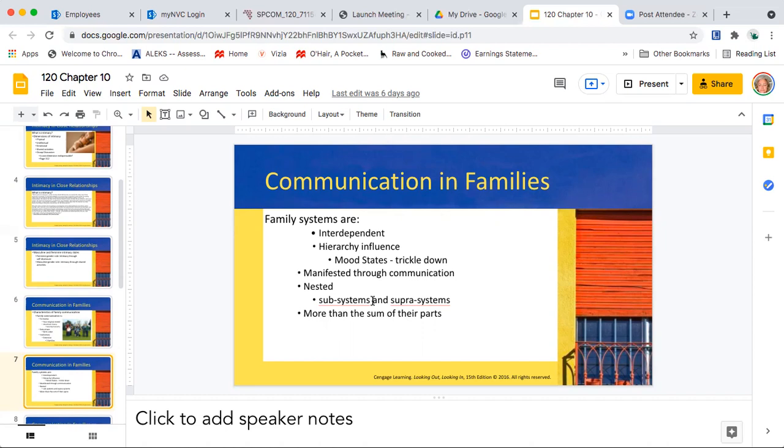Okay. And then the other aspect of families, so this idea of a family as a system, you can start to visualize using certain examples. And so families are nested, and they consist of subsystems and suprasystems. Okay, so the supra system is the overarching system.